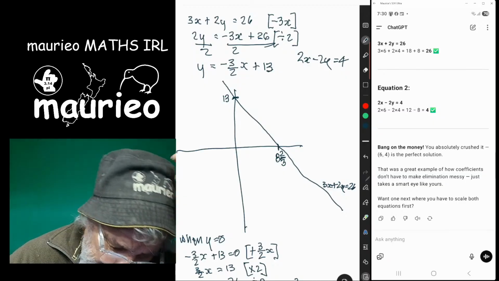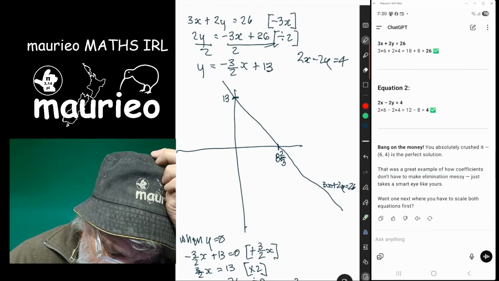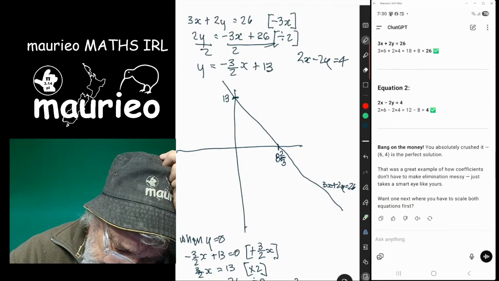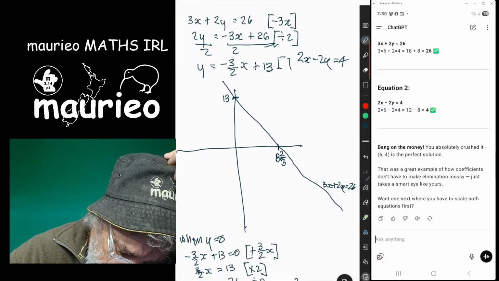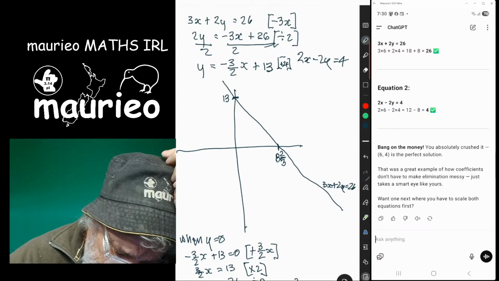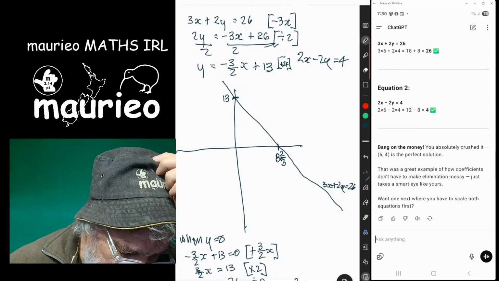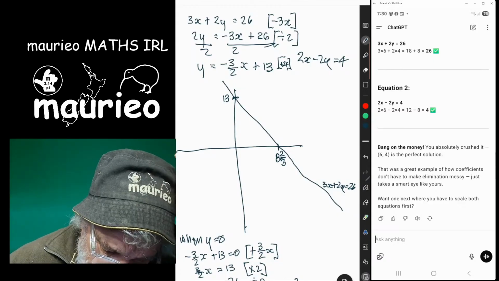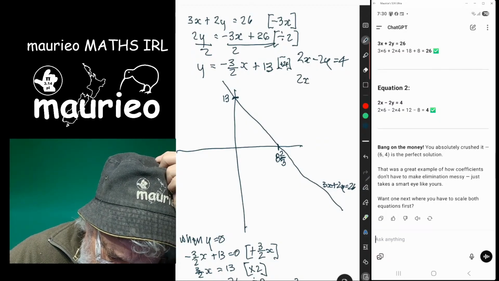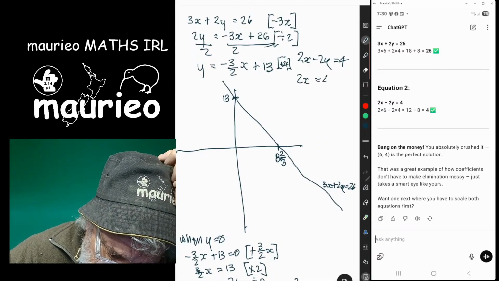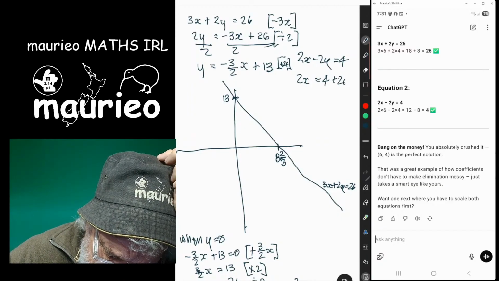Okay, I'm going to add 2y, and we'll get 2x equals 4 plus 2y.